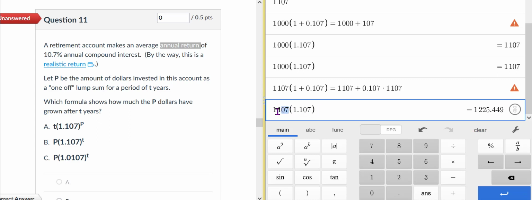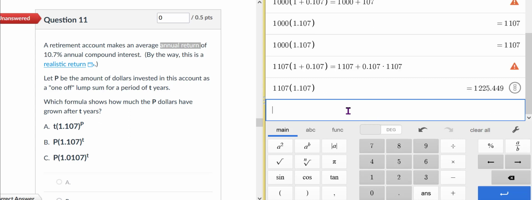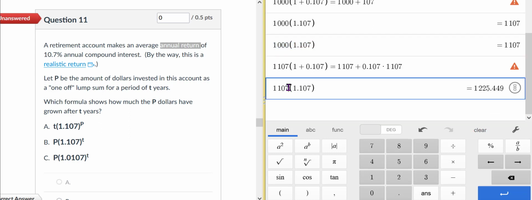Now, how do we get the first year? How do we calculate 1107? How did we come up with this number here that I shaded, 1107?